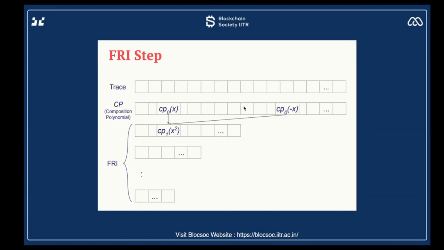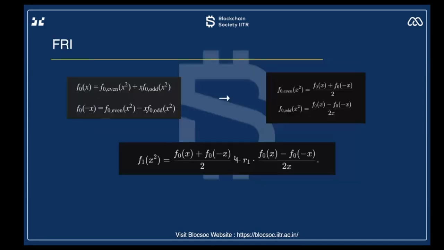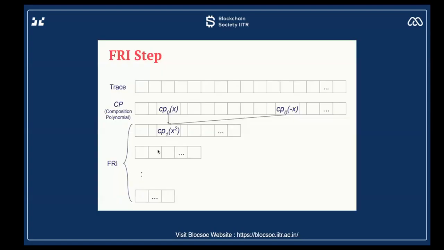From CP0(x) and CP0(-x), the verifier will compute CP1(x squared), and compare his computed value with the value the prover provided to him. If they are equal, that means the prover has not cheated in the transition from the composition polynomial to the CP1 polynomial.